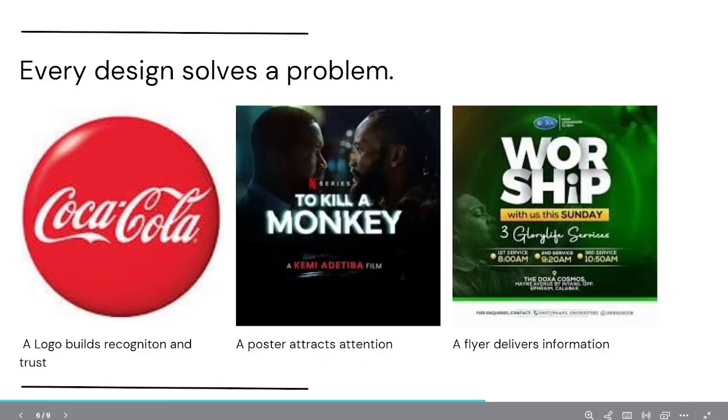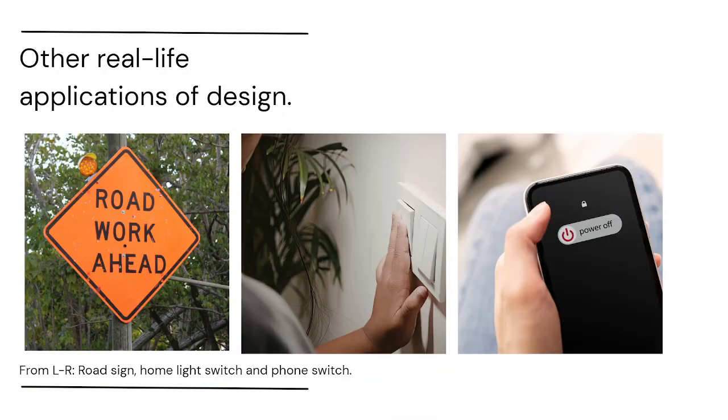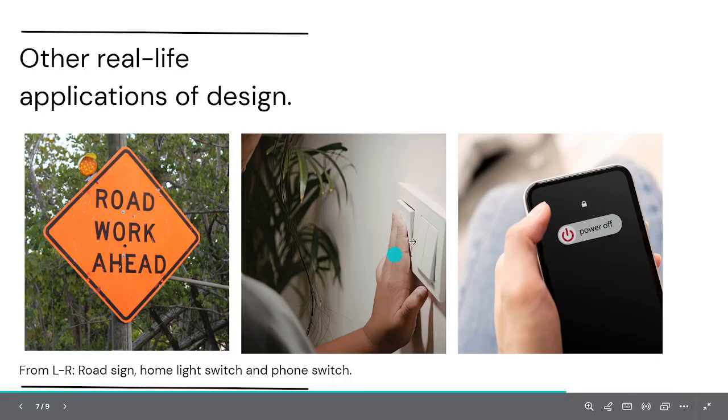Let's move to the next slide. There are also other real life applications of design. From left to right, we have a road walk ahead sign. These are common examples of road signs that we might see on the road. When you immediately see this, if you're in your car, you will know that people are walking on the road ahead, so you know how to navigate your route to your destination. The one in the middle is a home light switch. We operate this every day.